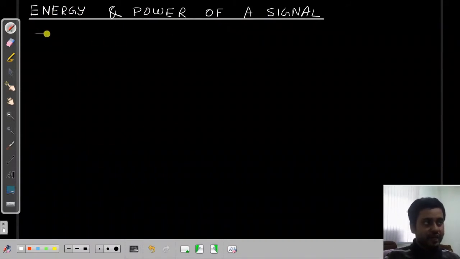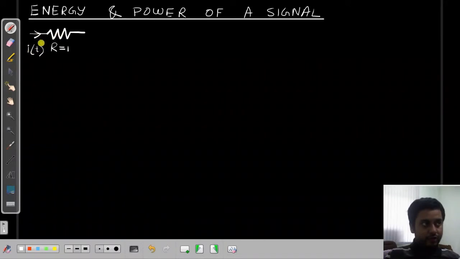So for that, imagine that we have a piece of resistance with value equal to 1, and the current flowing through this resistance is i(t), a function of time, or a signal.